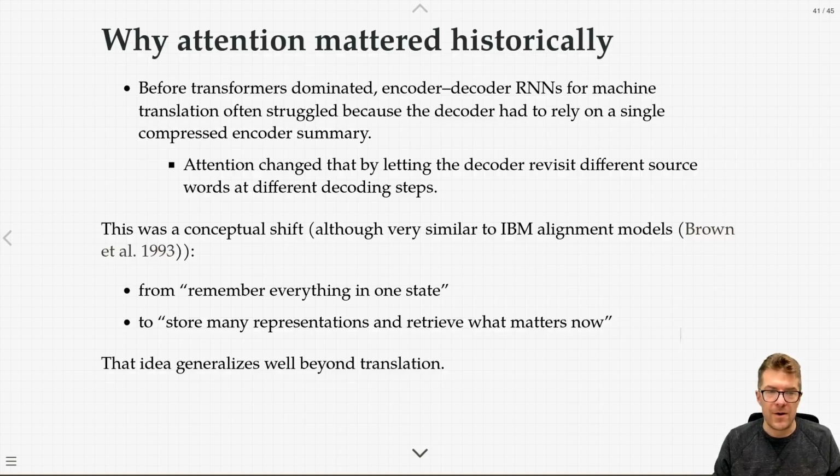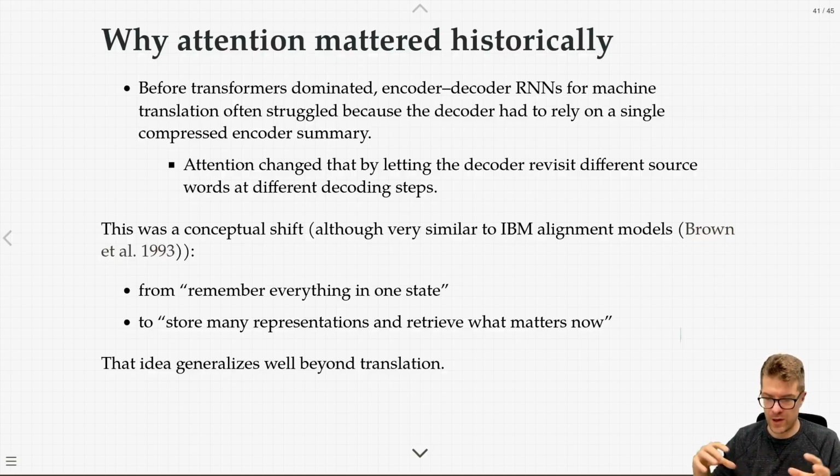Why did it matter historically? Before transformers started to dominate, and who knows what the next architecture is going to be, for a long time encoder-decoder RNNs for machine translation and speech recognition dominated, but they struggled because the decoder had to rely on single compressed encoder summaries.